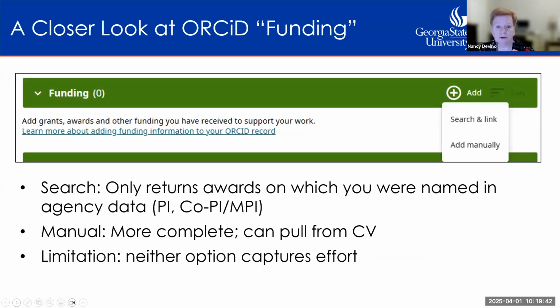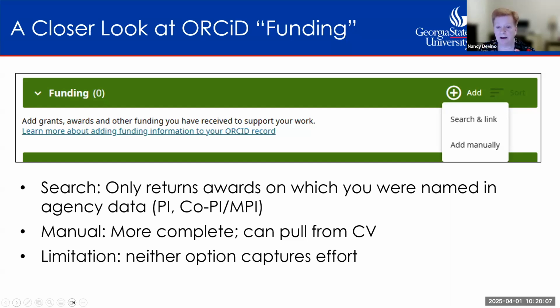If we take a closer look again at the funding section, when you're adding an item in the funding section, you can either add it manually or you can search and link. Keep in mind that the search and link is only going to return awards that are in the federal system on which you were named in the agency data.